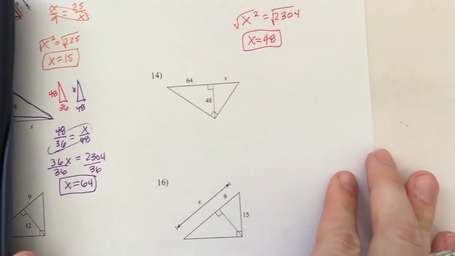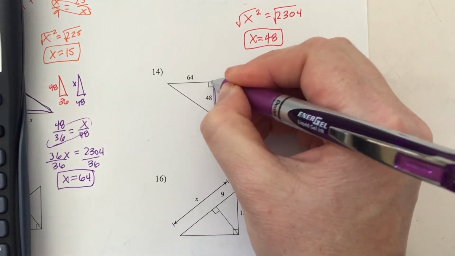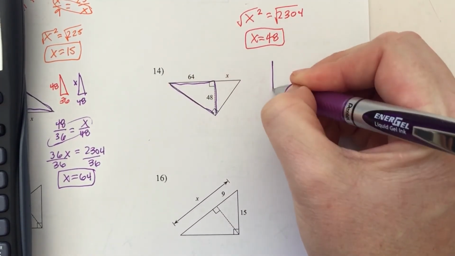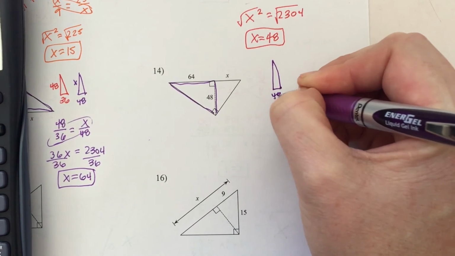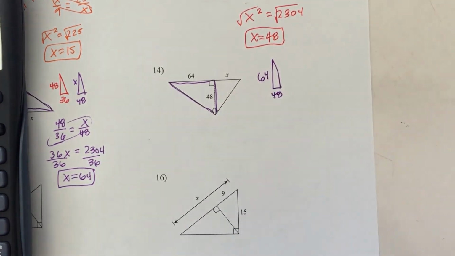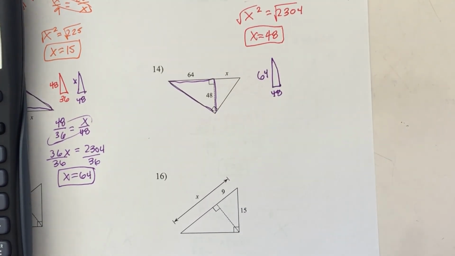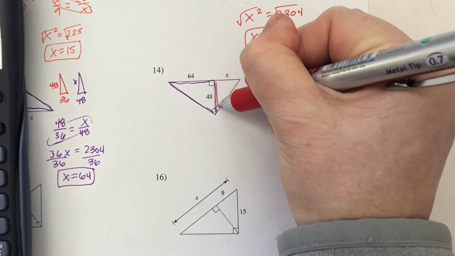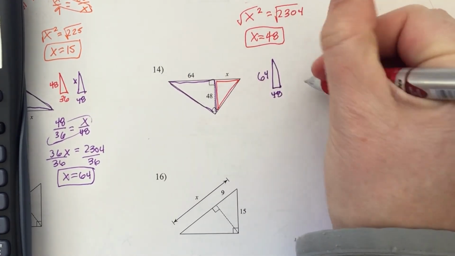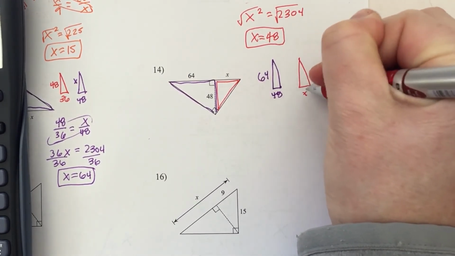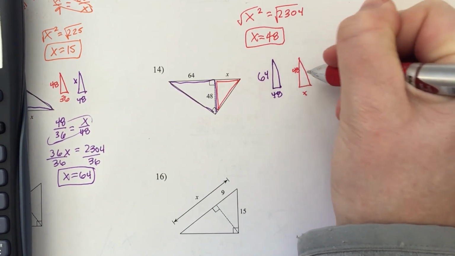That's kind of nice. I have this triangle. The short side is 48. 64 is long. Oh, this one might end up being the same. X is the short. 48 is the long.